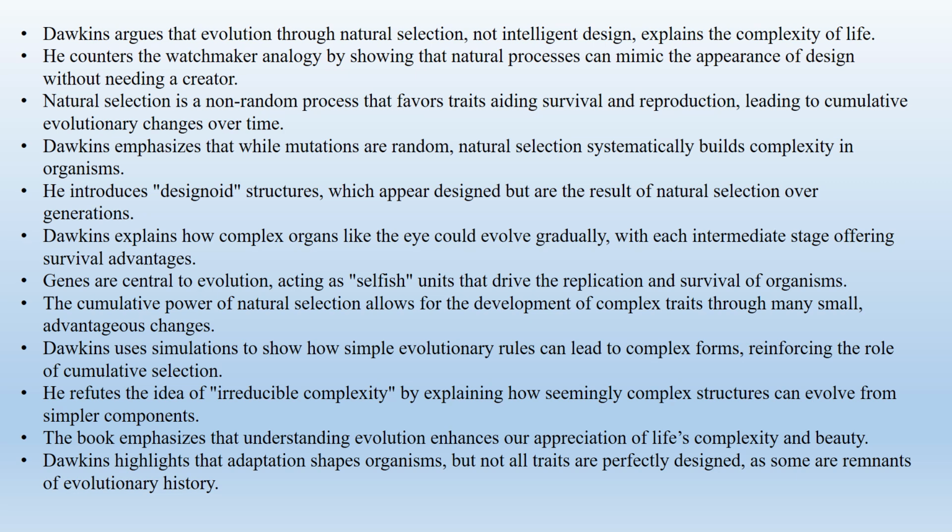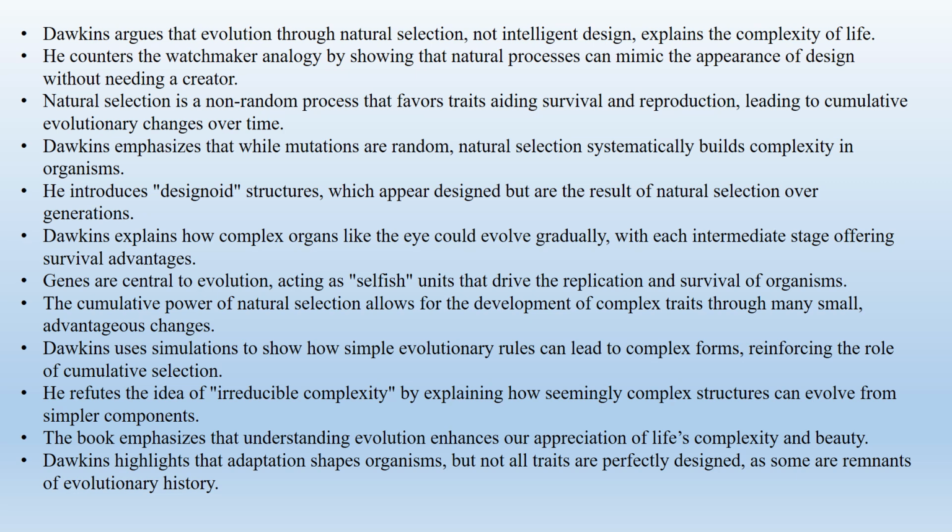One of the most famous examples Dawkins uses in the book is the evolution of the eye, a structure often cited by creationists as being too complex to have evolved through natural selection. Dawkins explains that the eye could have evolved gradually from a simple light-sensitive patch to the sophisticated organ we see in many animals today.